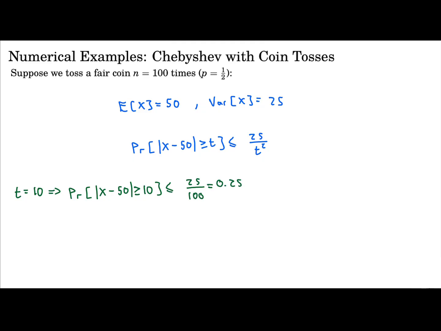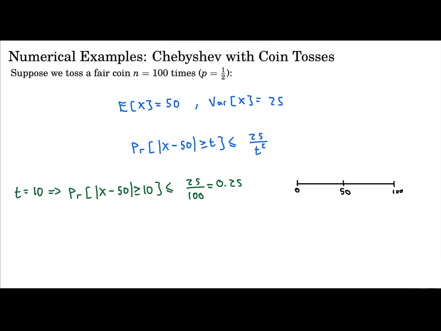And what does this mean? This means that if you're tossing the coin 100 times, and 1 is a head, so you're counting the number of heads that you get, and this is from 0 to 100, of course you have your expected value at 50.